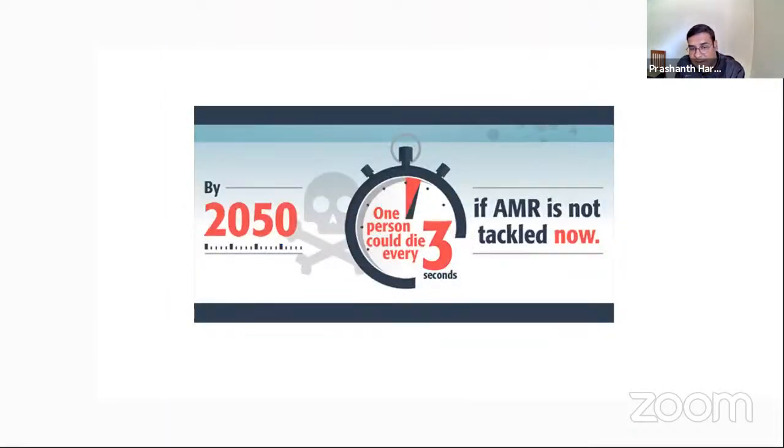If we start working now, we'll be able to prevent this resistance. If not, we're probably going to lose a person every 3 seconds by 2050. That is what the studies say: if AMR is not tackled now, we're going to lose people.